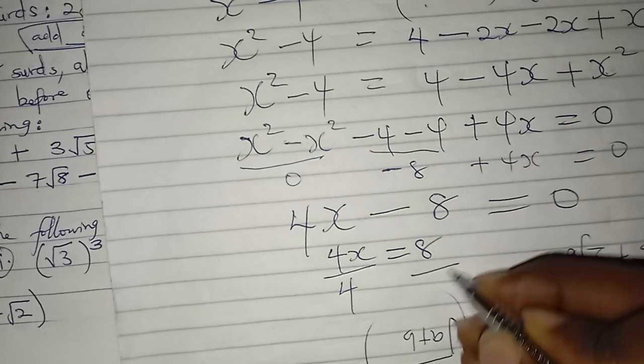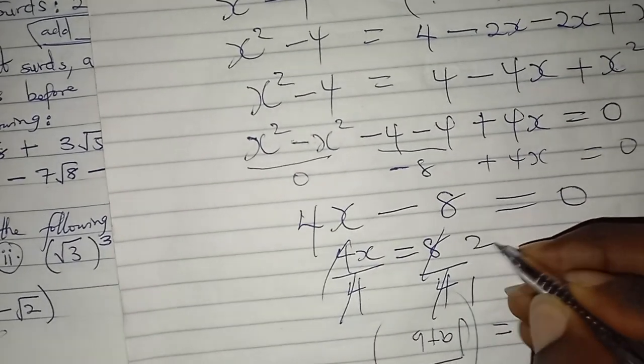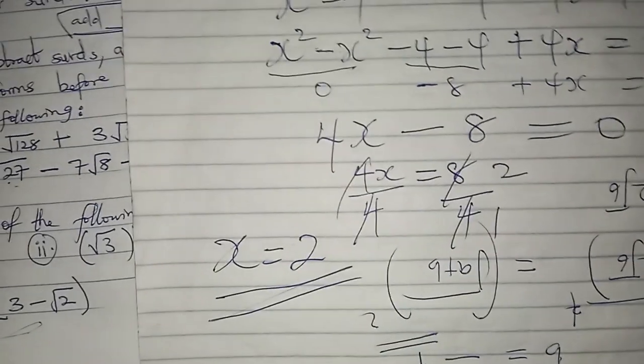Divide both sides by 4. x is equal to 2. Very simple.